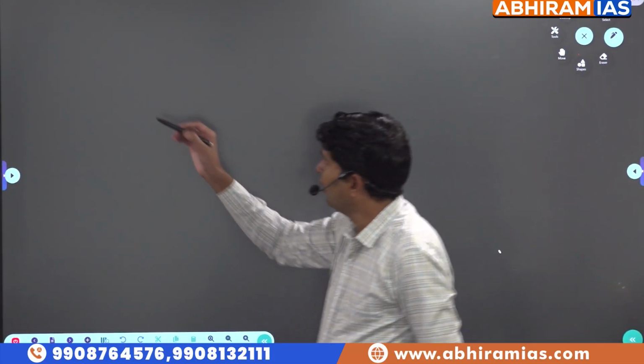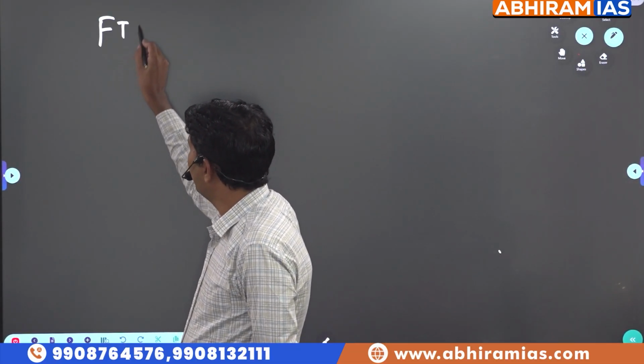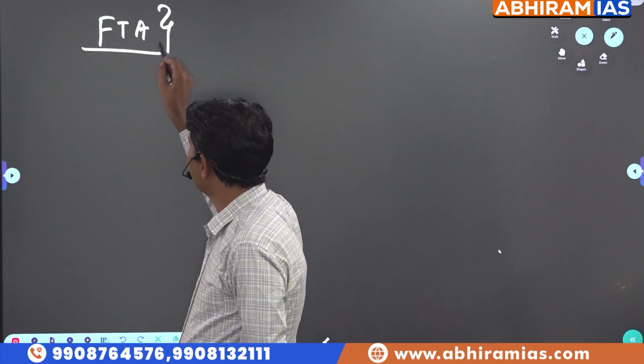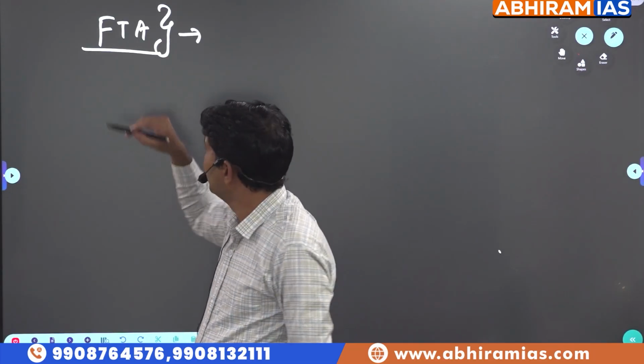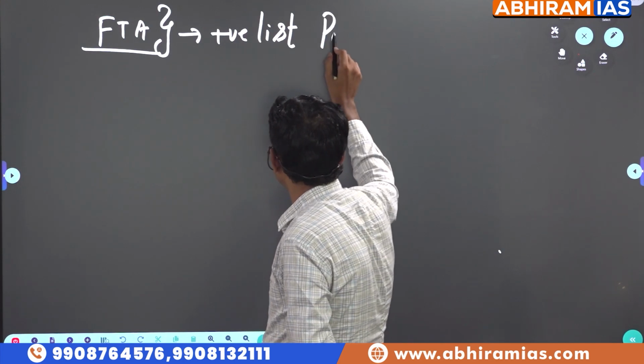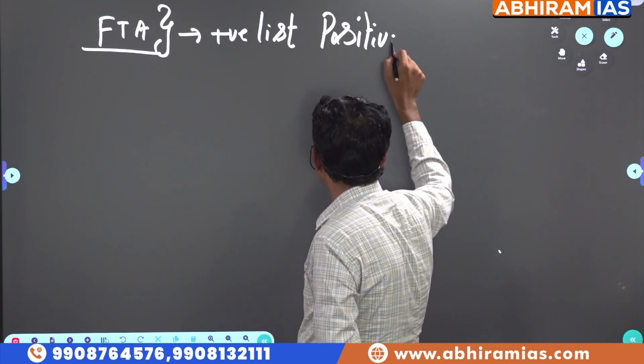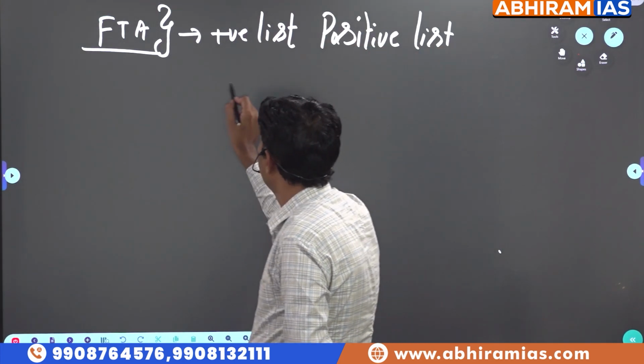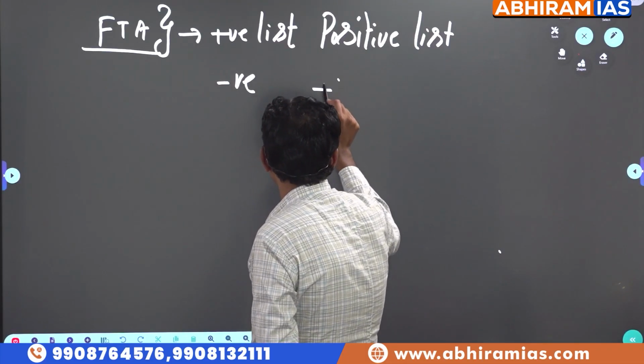So just extension to yesterday, what all we covered. One of the repeated themes in the prelims is again foreign trade agreements. In foreign trade agreements, 2 words are there which are important for the exam: positive list, negative list. So what is positive list? What is negative list?